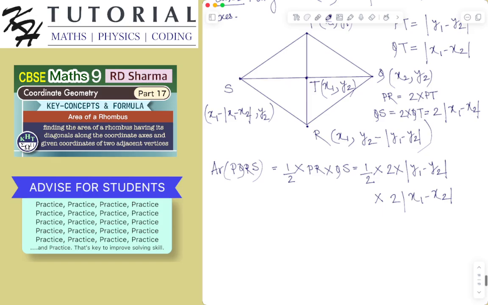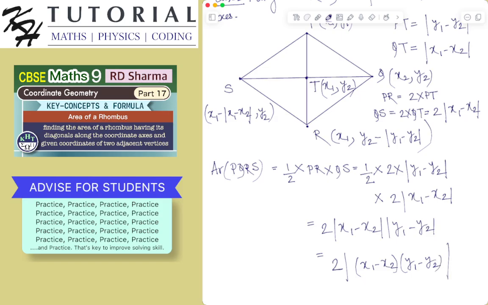So then the area of the rhombus becomes 2 times the modulus of x1 minus x2 multiplied by the modulus of y1 minus y2. This can be rewritten as 2 times the modulus of x1 minus x2 multiplied by y1 minus y2. This will be the area of the rhombus.